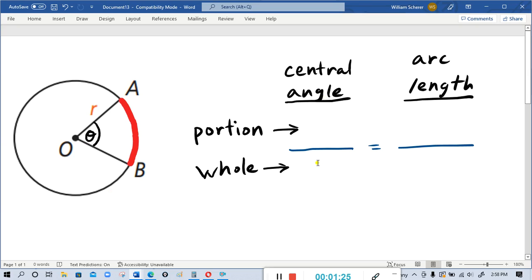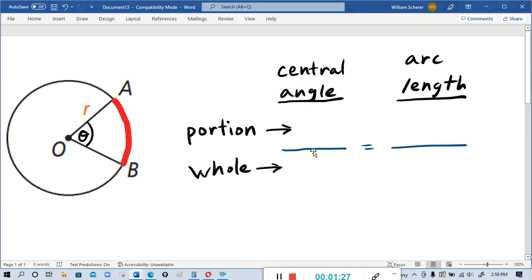As a result, we can set up a ratio and proportion between the angles and the actual arc length. As far as the central angle is concerned, the portion is just this Greek letter theta, so that's in the numerator. And once around the whole circle in degrees is going to be 360.